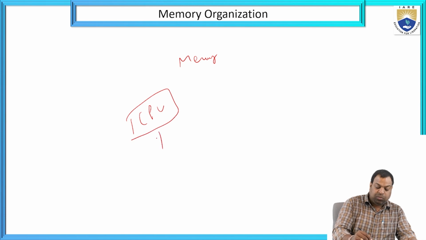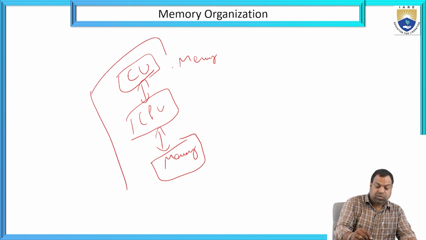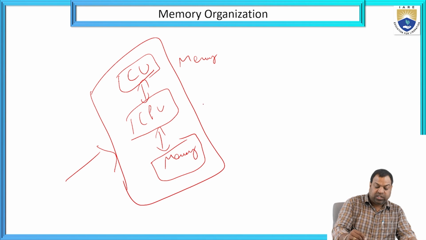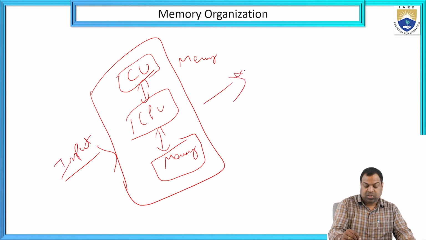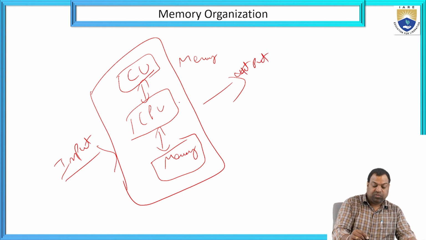Already we know that the CPU is internally connected to the memory, and it is the central processing unit or control unit. All should be connected together, with input and output. For any computer we need a CPU. The CPU is internally connected to the memory and control unit.